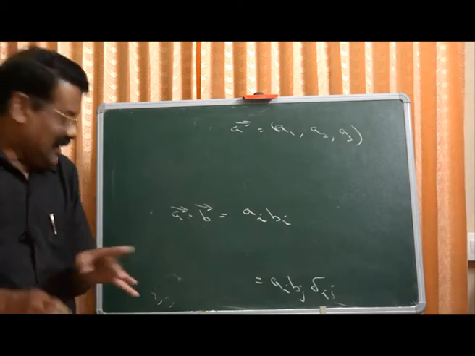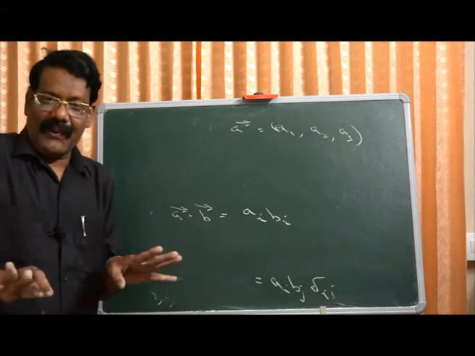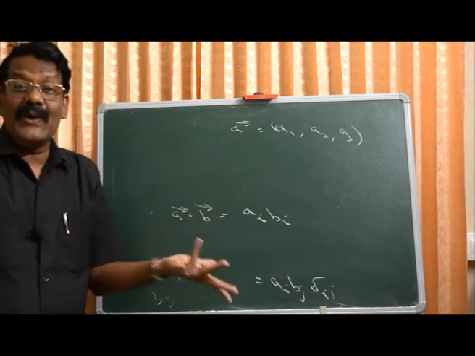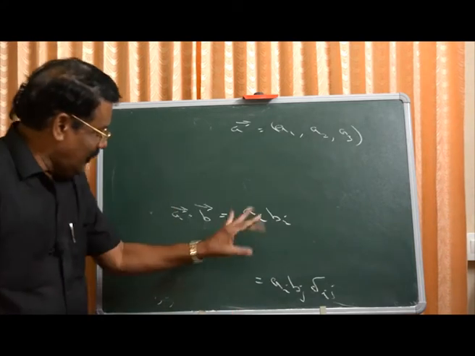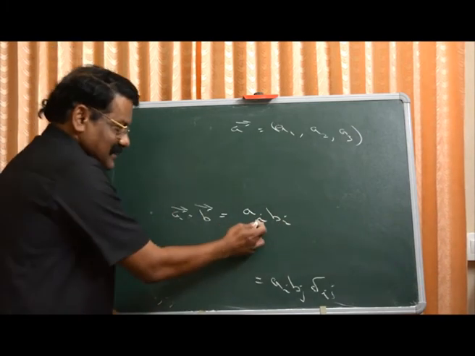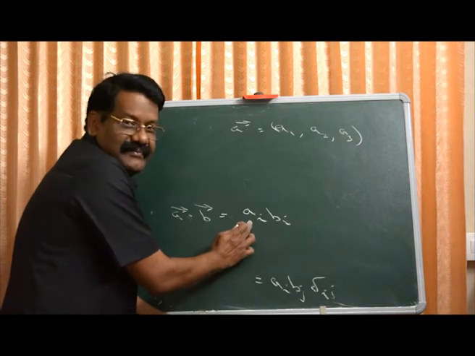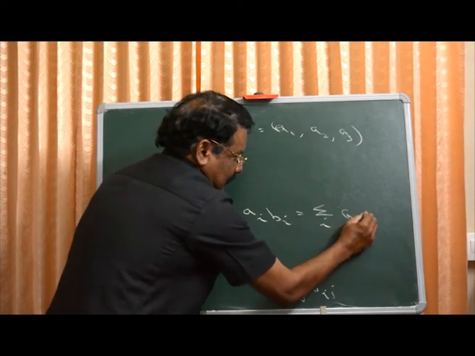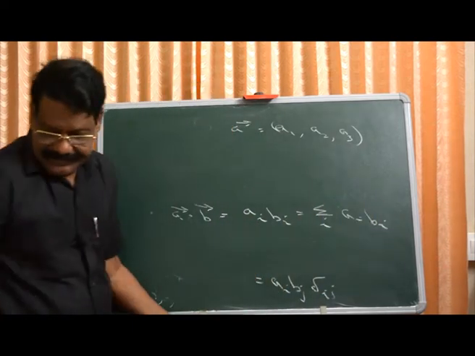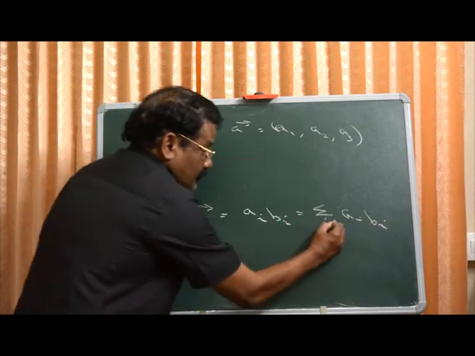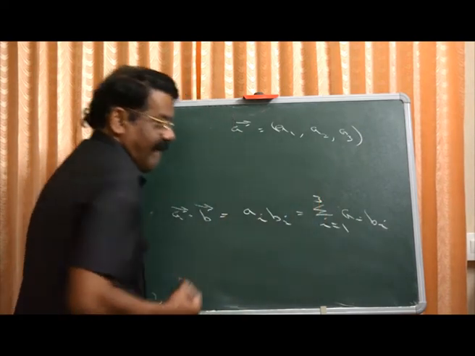So this is the difference between the two languages. In vector language, we usually write the dot product as A dot B. But in tensor language, there is no dot or cross. Only Ai Bi. Let me expand this. This can be written as sum over i of Ai Bi. We are dealing with 3 dimensions, so i runs from 1 to 3.